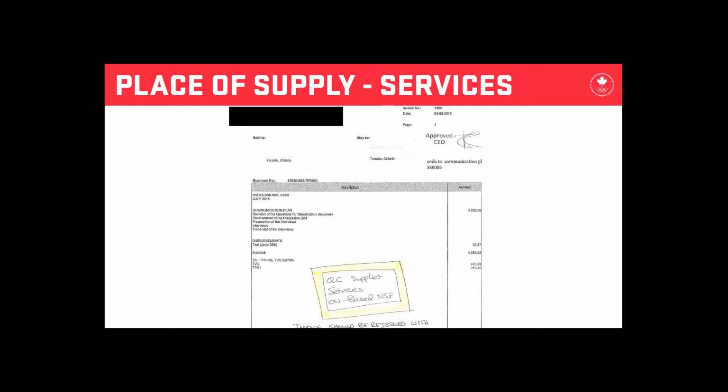And again, as we saw in the last example and the CRA example, because they have the mailing address of their customer in Ontario, and that's the only address that they have, they should be charging Ontario HST. In this case, they charged 5% GST, and they also charged the 9.975% QST. And that's a problem, because in Ontario you're not going to be claiming that back.